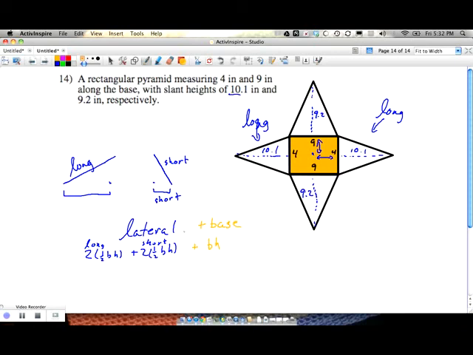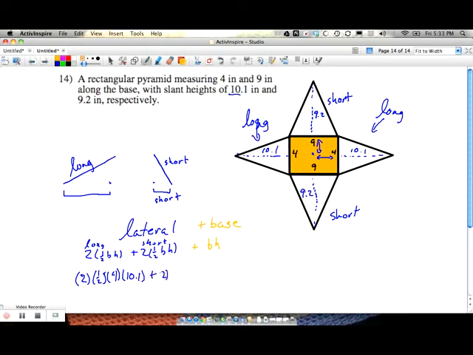Okay, so the area of those is going to be 4 times 10.1 for the base and height. That's 2 times 1/2 times 4 times 10.1. Now the short ones, this one's short and this one's short as well. It's going to be 9 times 9.2.